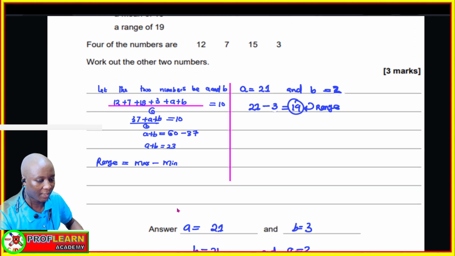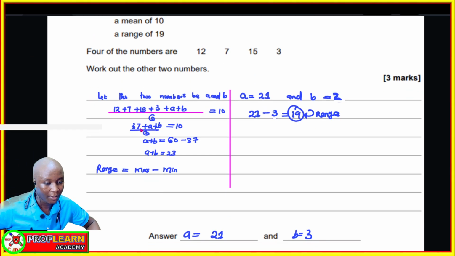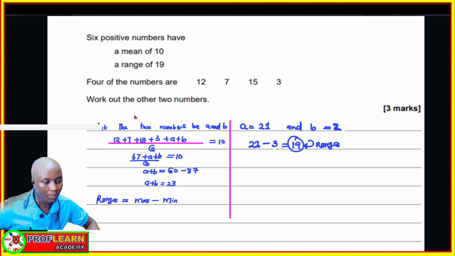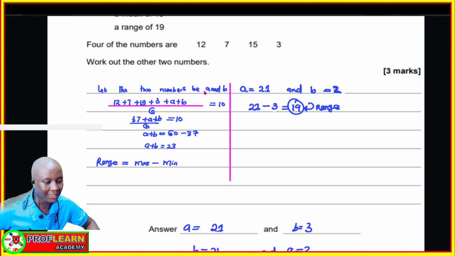I have also introduced finding the mean here, because sometimes you are told the mean is 10, the range is 19, and then you are given a set of numbers and asked to work out the two missing numbers. Here I said let the two numbers be a and b.